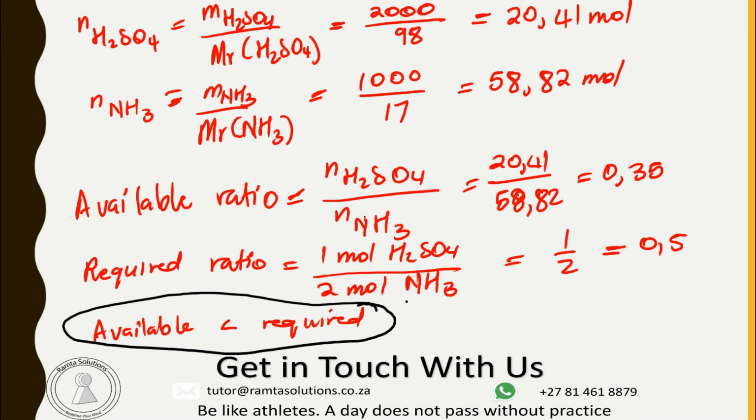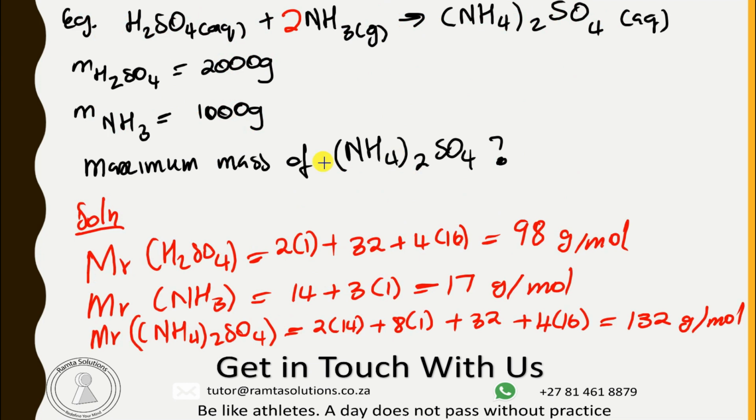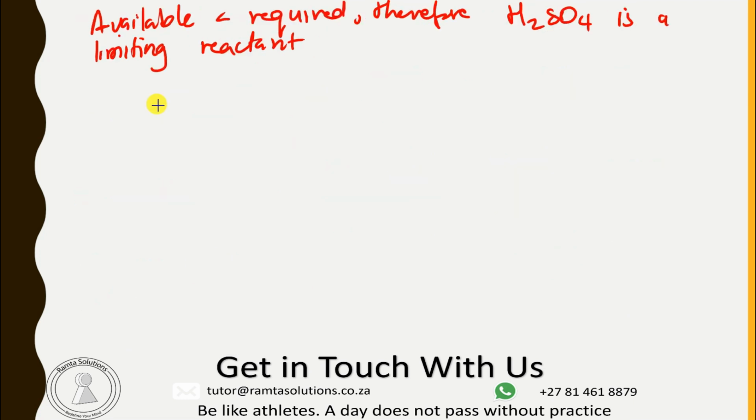Now that we found the limiting reagent, the maximum amount of mass that you can produce is related to the amount of substance of the limiting reactant. So let's do this.